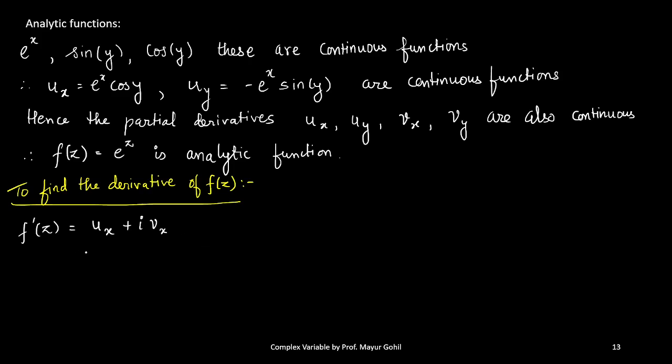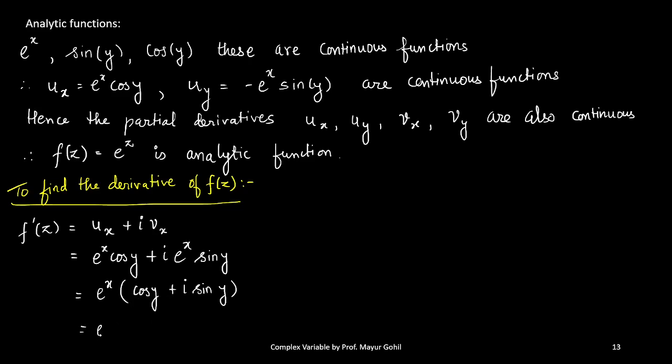We found ux as e to the power x cos y and i times e to the power x sine y. Now e to the power x can be taken common, and then we have cos y plus i sine y.